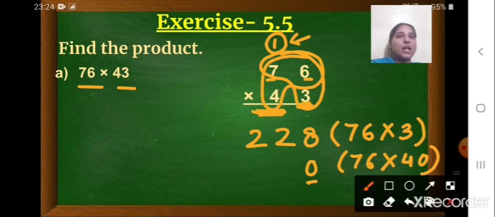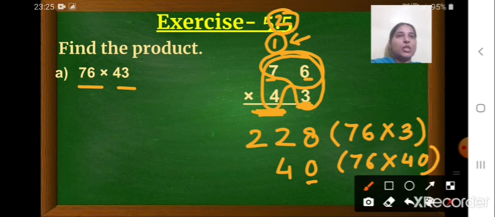So 6 4s are, or 4 6s are 24. So 4 we will write here, and 2 will be carried over. That 2 we will write just above that 1, which was the carried over of that 76 when we multiplied it by 3 ones. Okay.